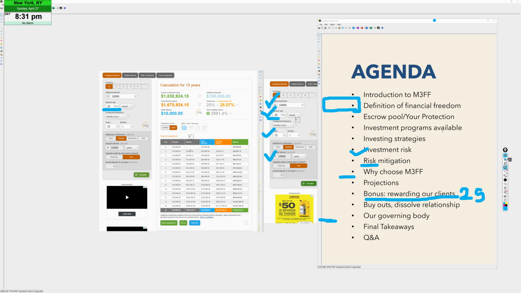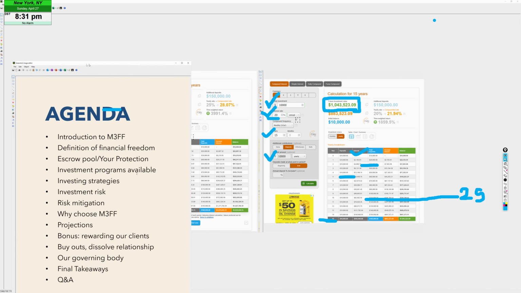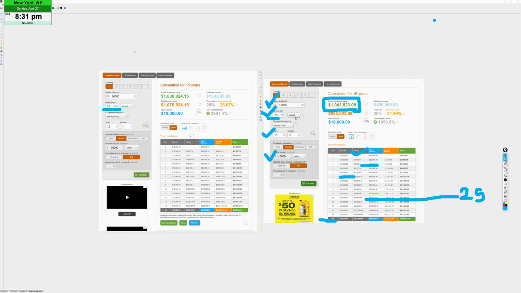Okay, so the way that works, I'm not going to talk about it in this video, but I'm just going to show you the big difference in terms of numbers, right? So if you were to just get the 20% in 15 years, this is your expectation. Now, if you were to get 25% in 15 years, this is your expectation. Now, if we do the math, it is nearly double this amount, yes?